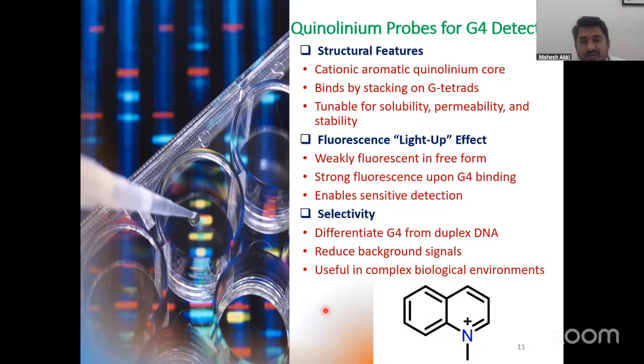These probes are typically cationic aromatic molecules with a quinolinium core that intercalates or stacks with the G tetrads in the G quadruplex. Upon binding of this cationic species to the G4, they exhibit a remarkable light-up effect, that is, the fluorescence is enhanced significantly, providing a sensitive readout for the presence of these G quadruplex structures.